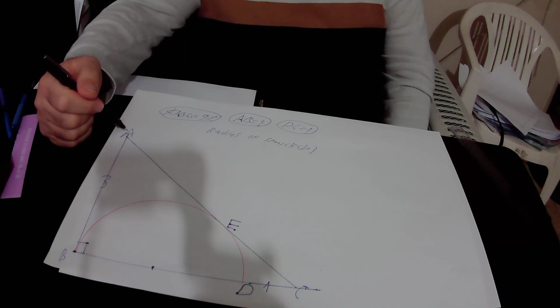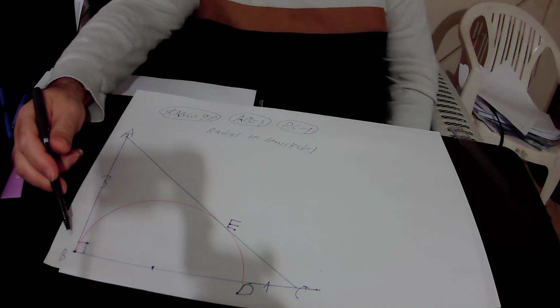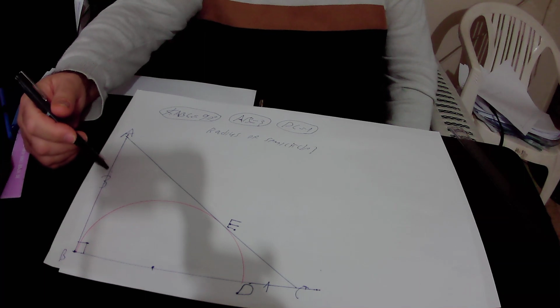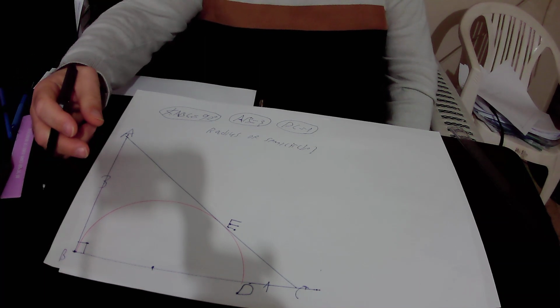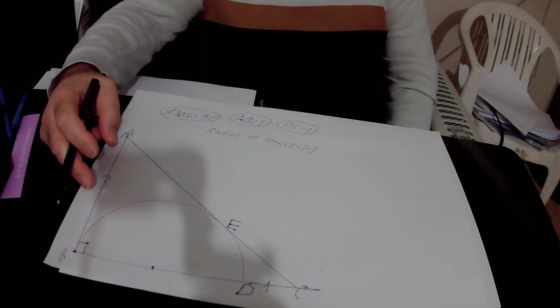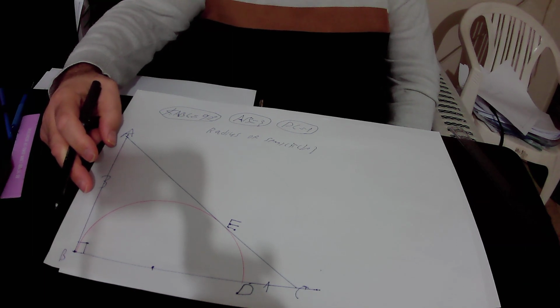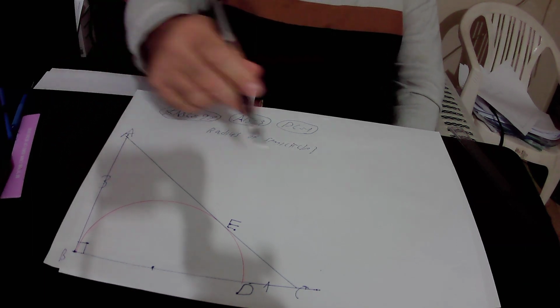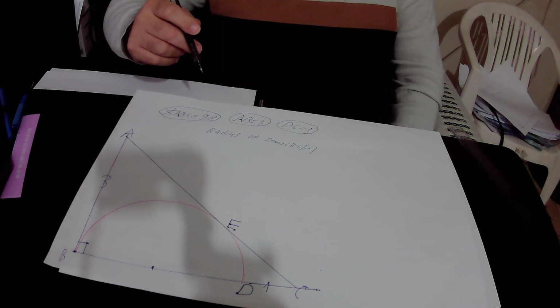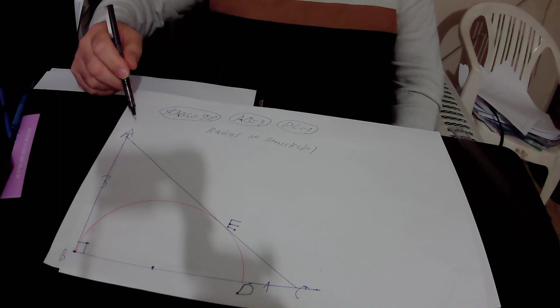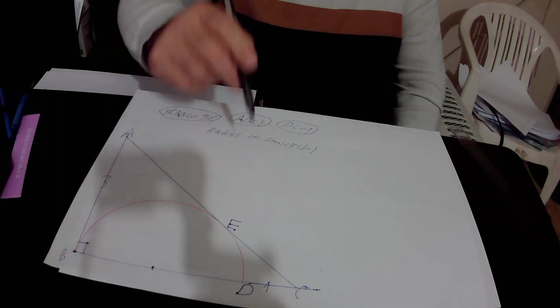The first tangent is tangent AB, and the length of tangent AB is 3 units, and the second tangent is tangent AE.